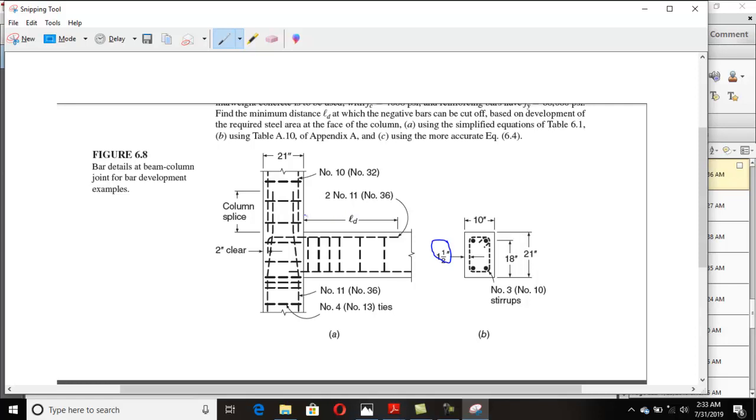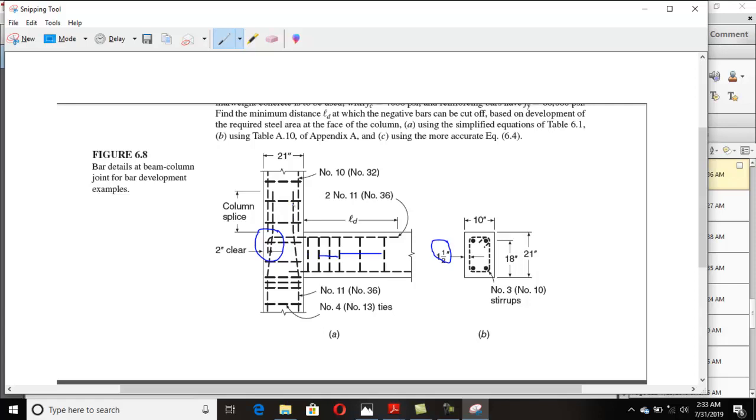The initial stirrups, these 3, are placed at 3 inches center to center, and the rest will be placed at 5 inches center to center. I will explain this whole diagram in example number 1. But the most important part is this one. You see that the column is continuous in the upward direction as well as in the downward direction.